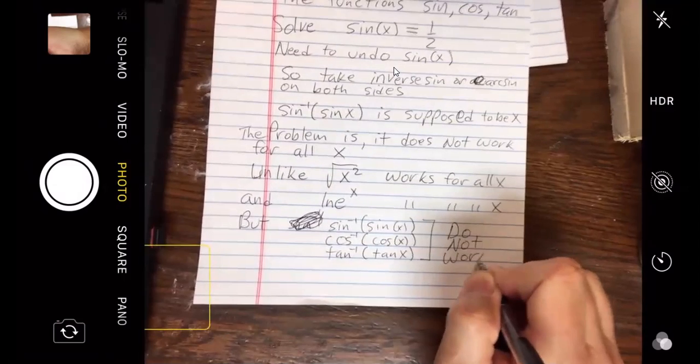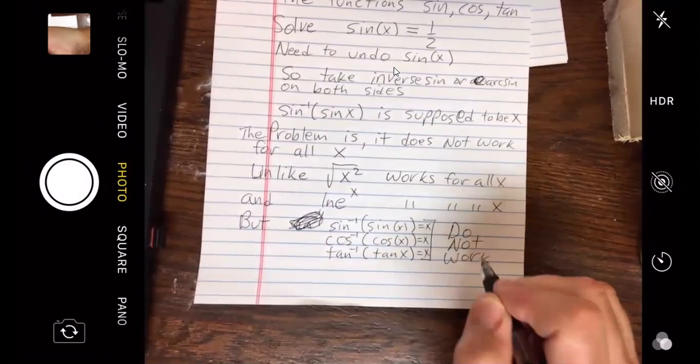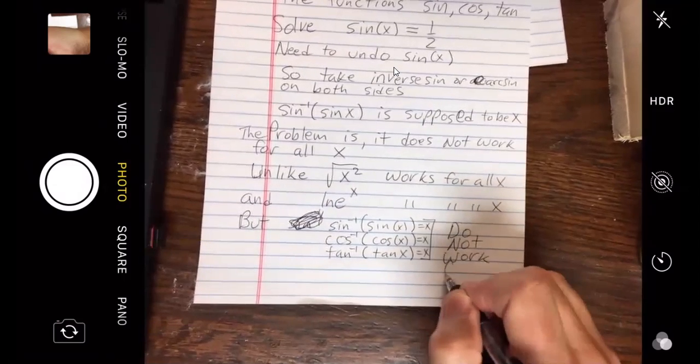You're supposed to get x, but they do not work for all x.